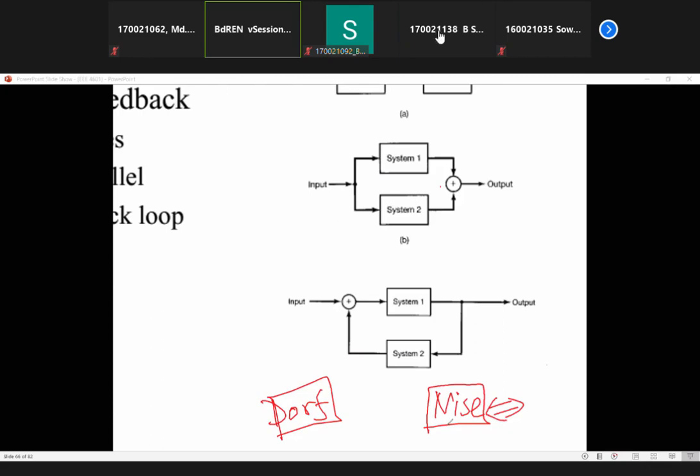The name of the book, I cannot remember it clearly, but sir, are you suggesting the Nice book, sir? Yes, both books. Sir, yes, sir. These are the books sir will be following mainly. The Nice book, okay? Isn't it? Yes, sir. That is a very, very important and good book, okay?